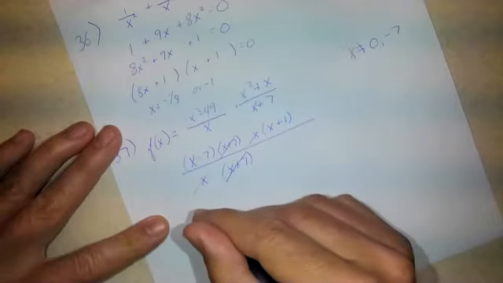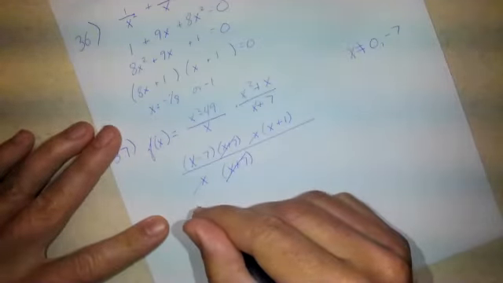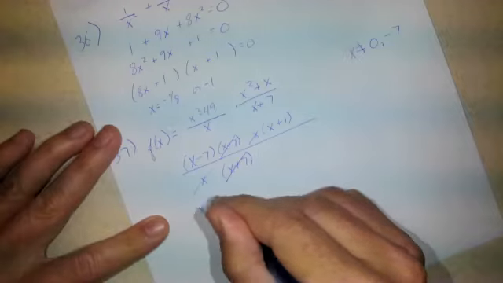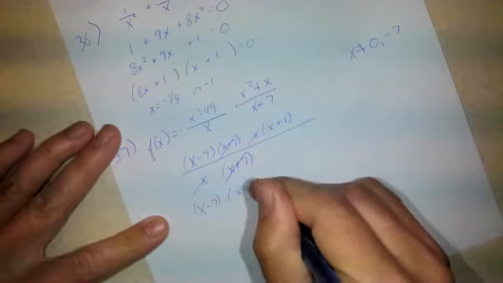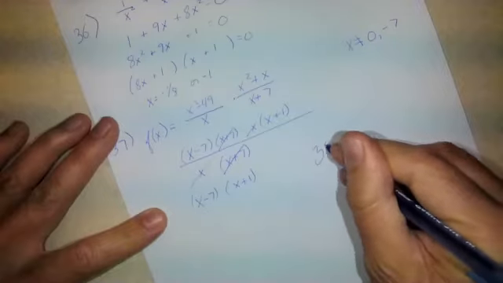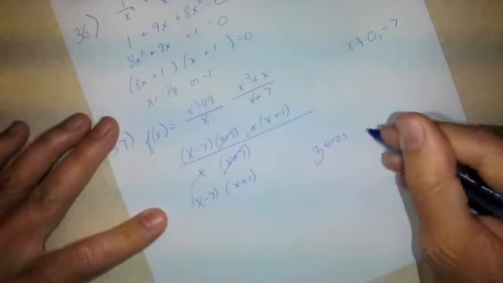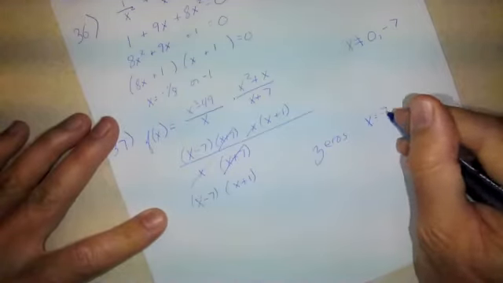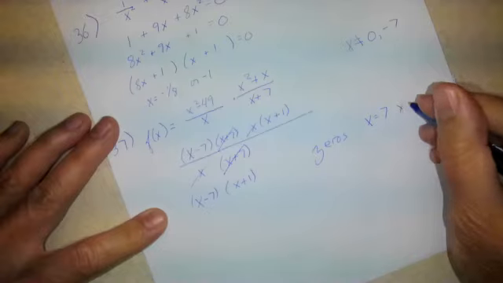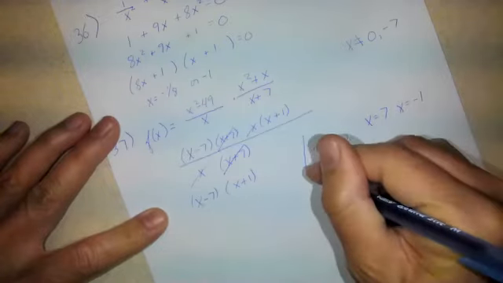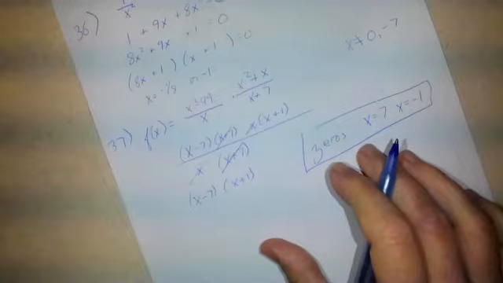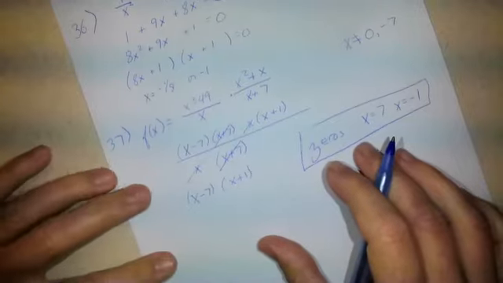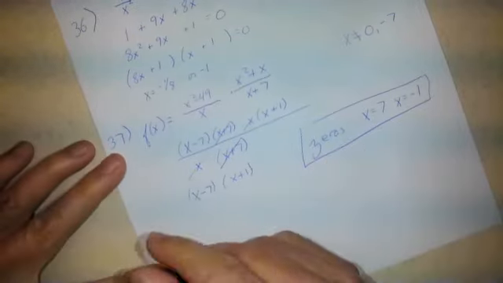And I'm left with a function which is just a quadratic, x minus 7 times x plus 1. So my zeros are x equals 7 and x equals negative 1. Good to go.